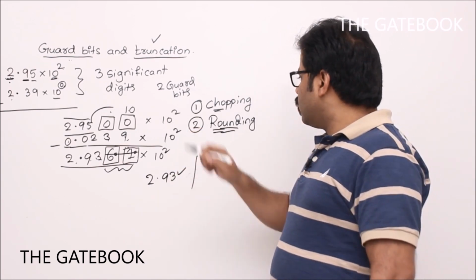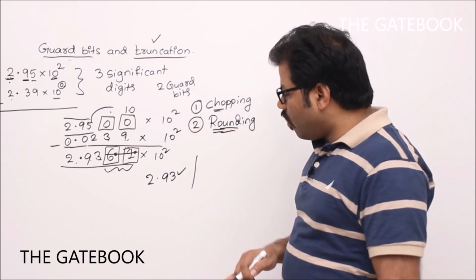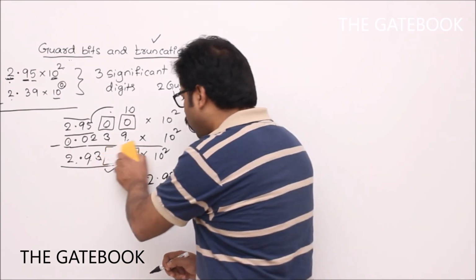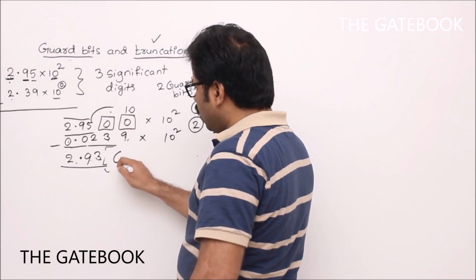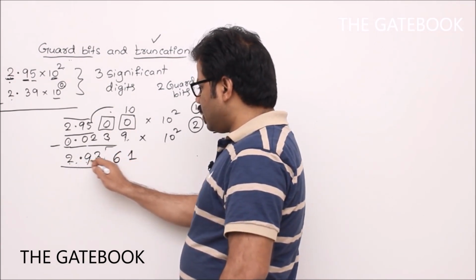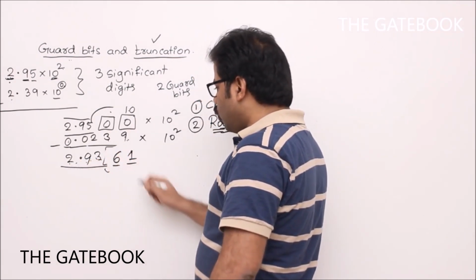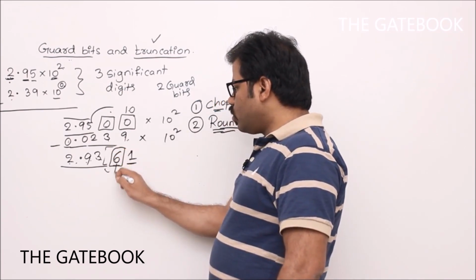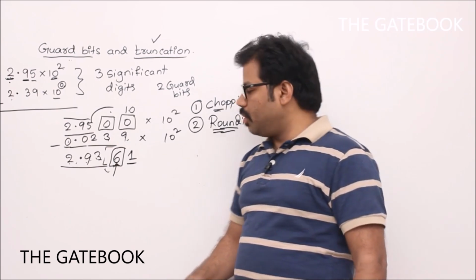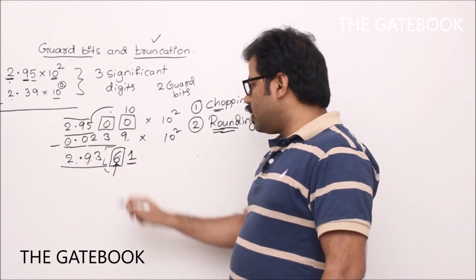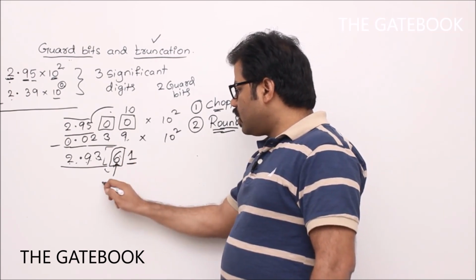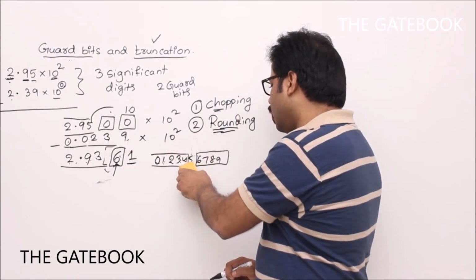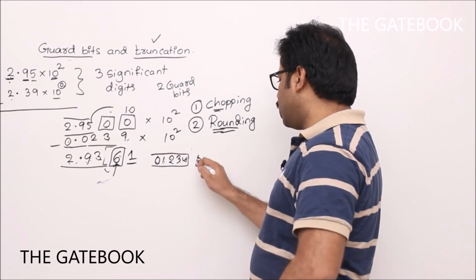Second one, what is rounding? In rounding, we look at the last 2 digits. These 2 digits you want to discard, right? That means you want to retain only these 3 digits. In the to-be-discarded digits, take the most significant digit, which is 6. 0, 1, 2, 3, 4 is one group, 5, 6, 7, 8, 9 is another group.